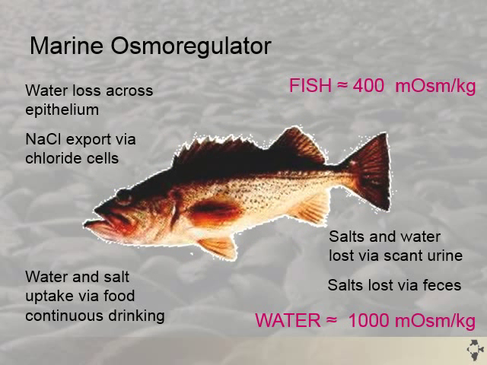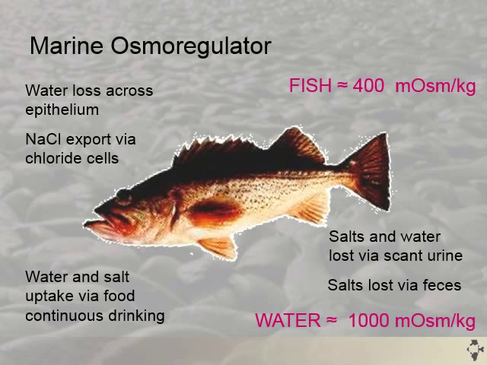Now, in the case of a teleost osmoregulator in saltwater, the gradients here are relatively large. The typical osmolality of a marine teleost is about 400 milliosmoles per kilogram, somewhat elevated compared to the 300 that we saw in freshwater teleosts, but it's not substantially higher than what you see in freshwater.